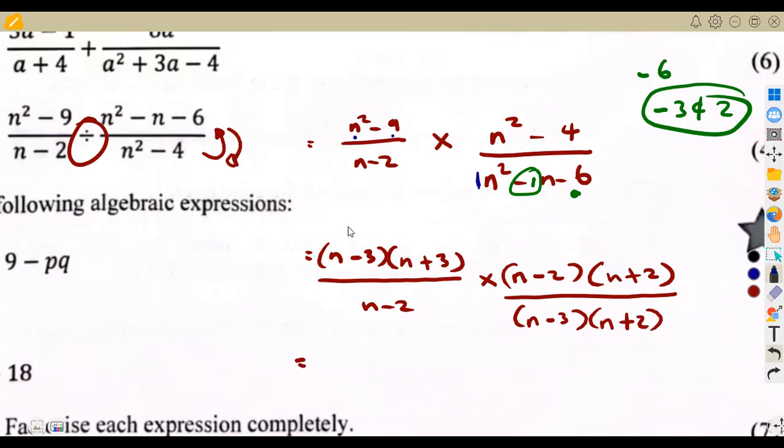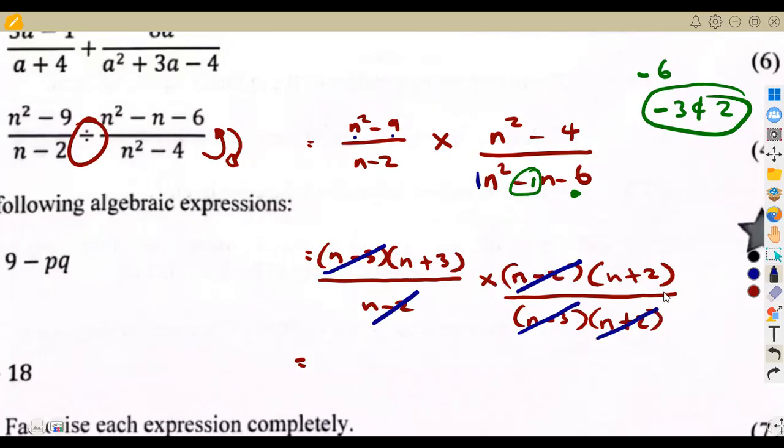At a later stage, you can just divide. Remember, I told you as long as it is between the numerator and the denominator, you are able to reduce your terms in that case, okay? So we've got n minus 3 here in the numerator, n minus 3 in the denominator. We've got n minus 2 in the denominator, n minus 2 in the numerator.